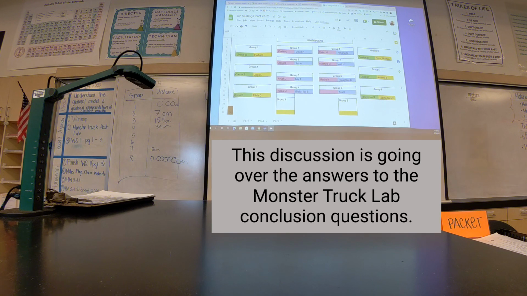All right. Our question was, what did the sign of the slope represent? And our answer was, the sign of the slope is the direction. Positive slope means forward, negative slope means backward. Remember how when we did forces, I said right means positive, left means negative, up means positive, down means negative?